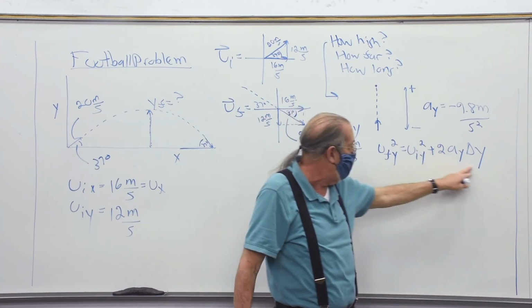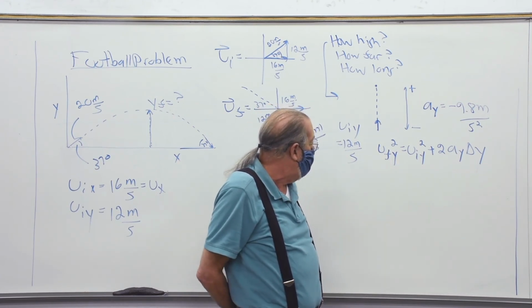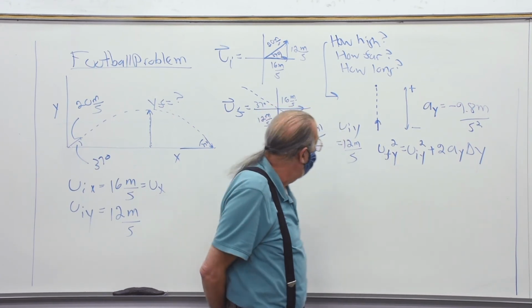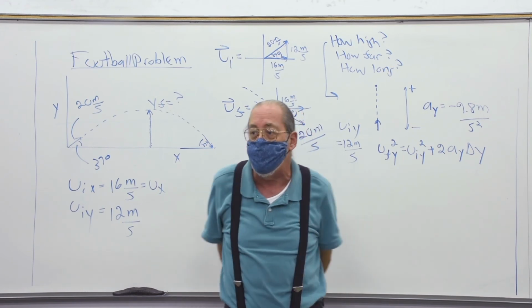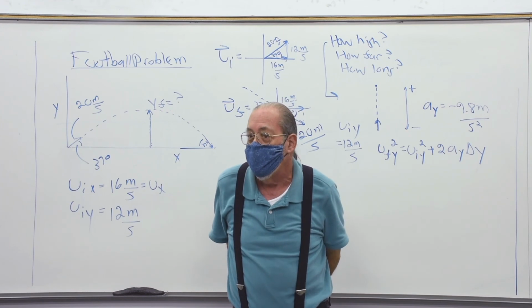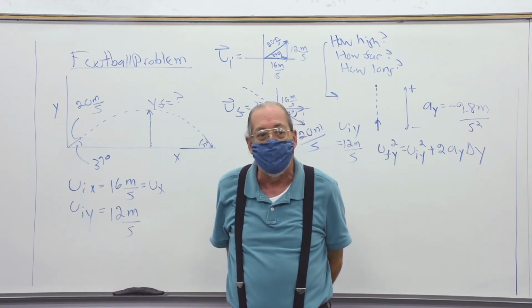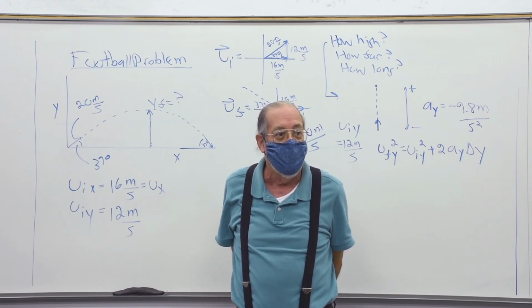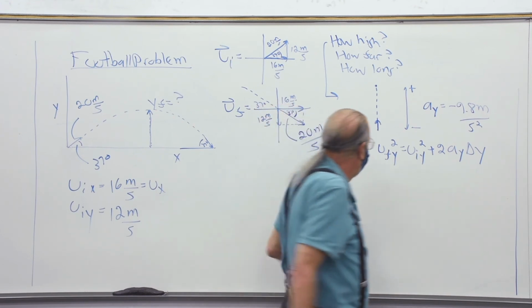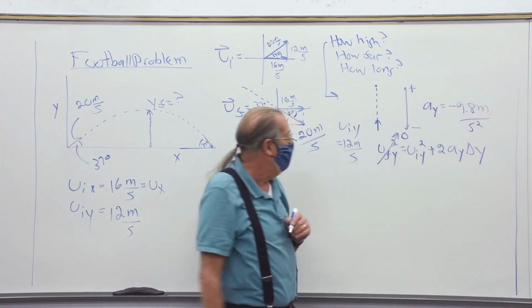But we have to put in y subscripts because now we've got a two-dimensional problem. What is v final y? What is the final velocity at the top, people? Quick, quick, what is it? At the top, what does it do? It stops. So what's v final y? 0. This, in this case, is 0.